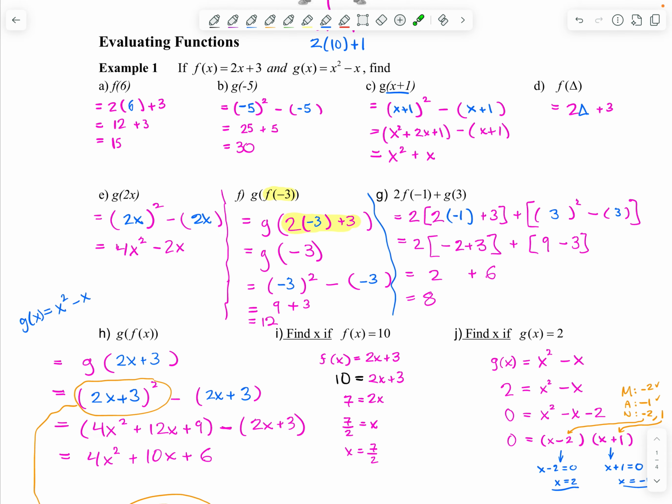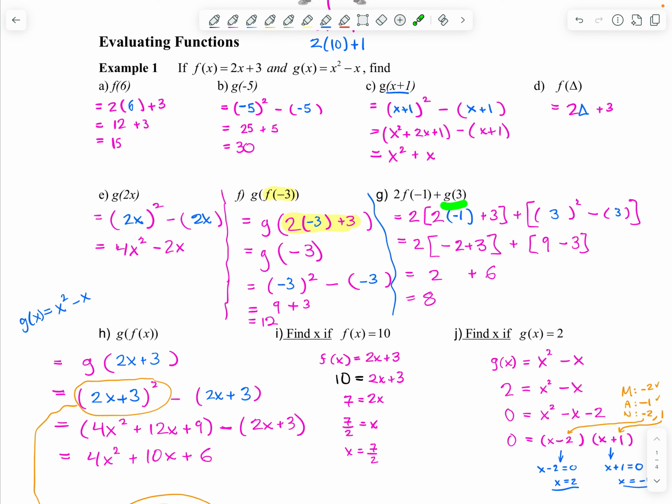So I want to focus in on f of negative 1. That just means I'm going to double my input, so double negative 1, add 3. And that result, I'm going to double. So this simplifies, the inner brackets, negative 2 plus 3 is just 1. And then 1 times 2 is 2, right? So this just simplifies to 2.